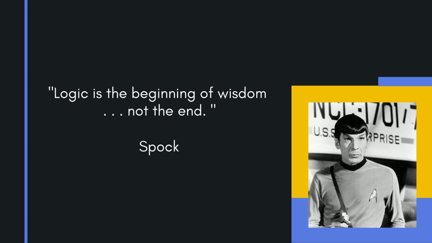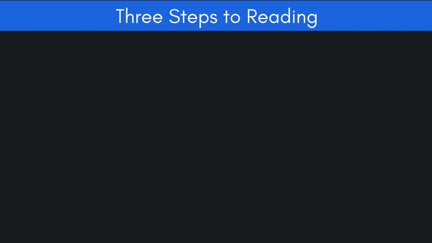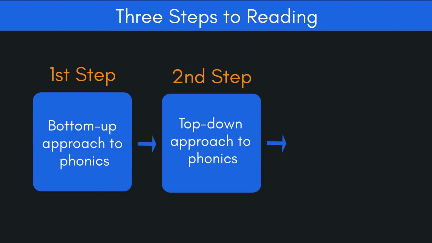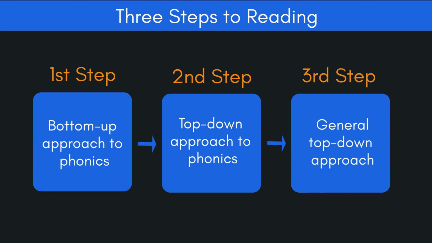This approach may also be overloading the children with information unnecessarily. What I suggest is that the children start to learn phonics through a bottom-up approach, and then transition to learning phonics through a top-down approach, with the aim of finally moving to a general top-down approach without phonics.